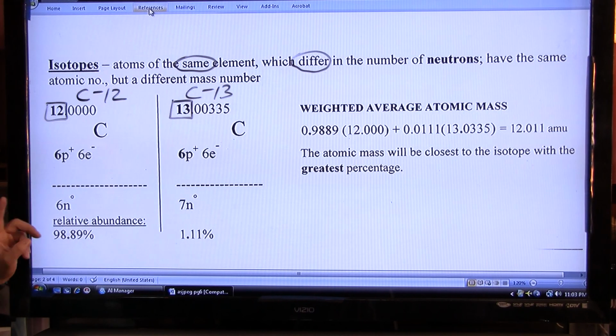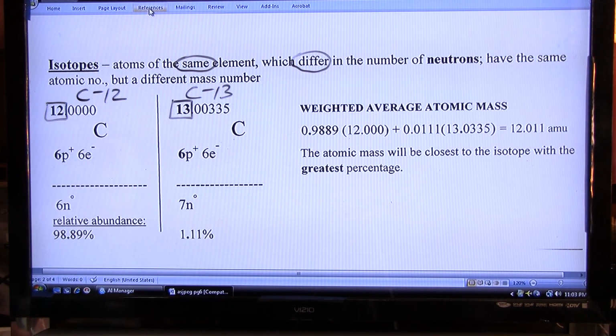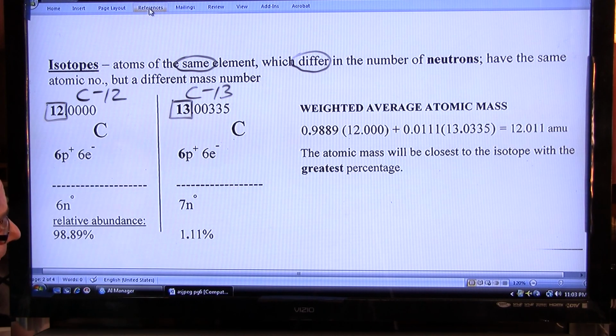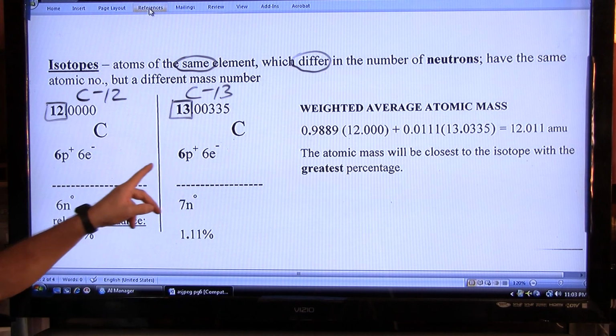Again, of course you would be given this information, you'll notice that neither of these is the weighted average atomic mass that's listed in the table. Neither of these is 12.011, because we're going to have to do a little math to get to 12.011. Notice how they both have the same number of electrons.